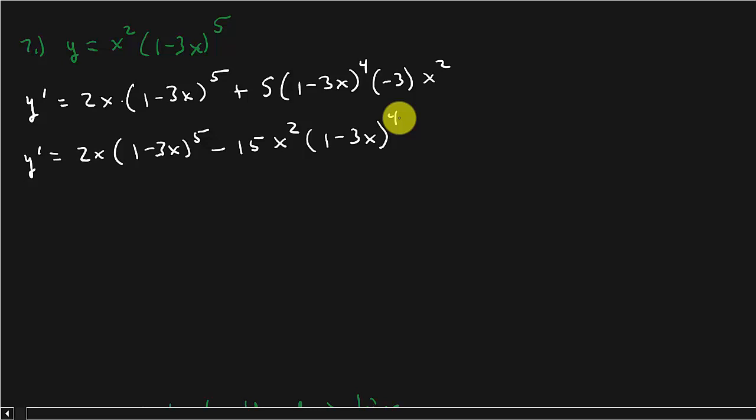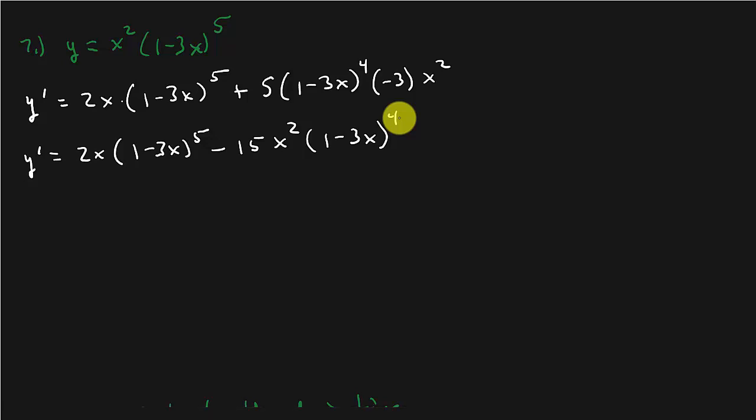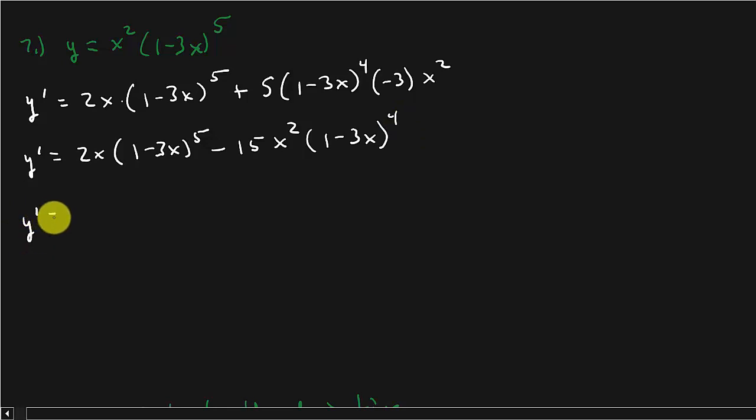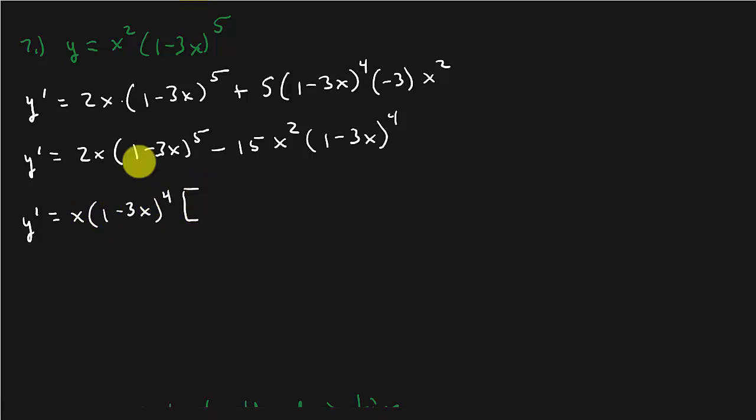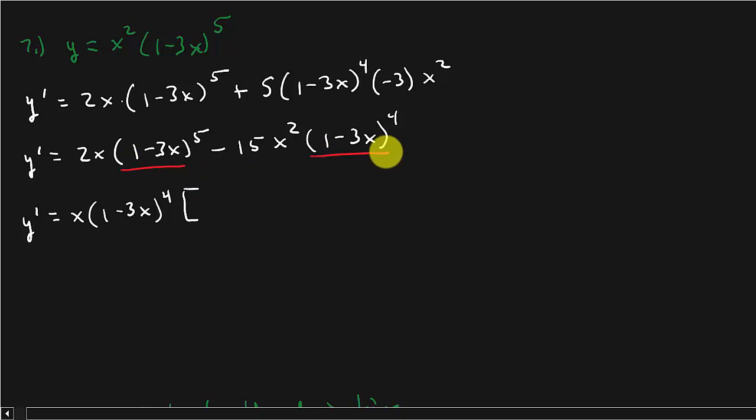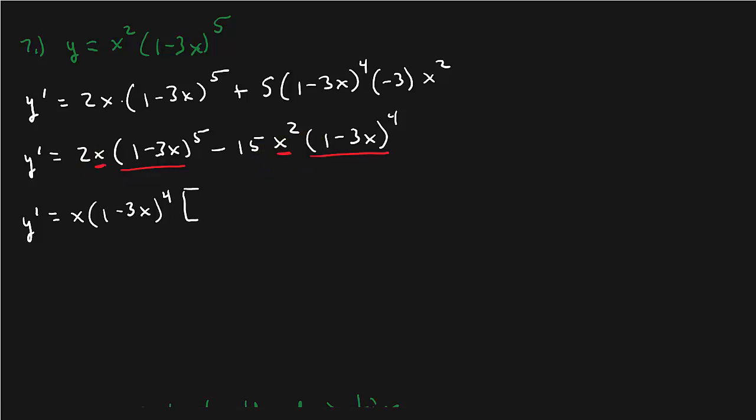We're going to factor out the greatest common factor. So we've got y prime is equal to x times 1 minus 3x to the 4th. See that? I have a common factor of 1 minus 3x to the 4th, and I have a common factor of x that I factored out.